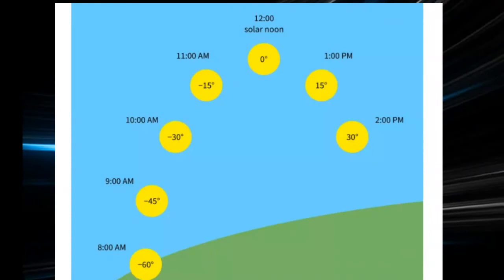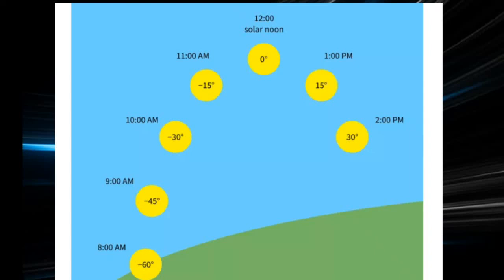So how to measure it? Per hour, it changes by 15 degrees. One hour before 12, that is 11 am, we take minus 15, then at 10 am we again take minus 15, that means a total of minus 30 degrees. Then at 9 am it becomes minus 45 degrees. In the same way, after noon, at 1 o'clock we take plus 15 degrees, then at 2 o'clock plus 30 degrees, and so on.